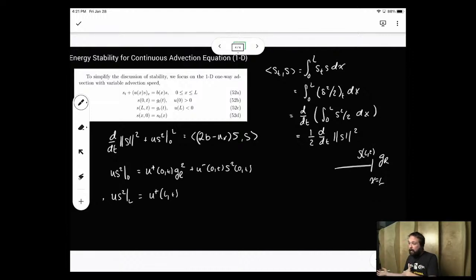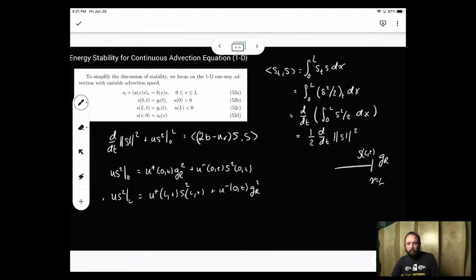So when we flow to the right, we want to take S, the solution from the interior, and move it out. So we've got S at L, t squared, plus u minus at 0, t. And then when things are flowing to the left, we're going to take the boundary condition GR squared. Okay, so that's how we're going to evaluate those boundary conditions.